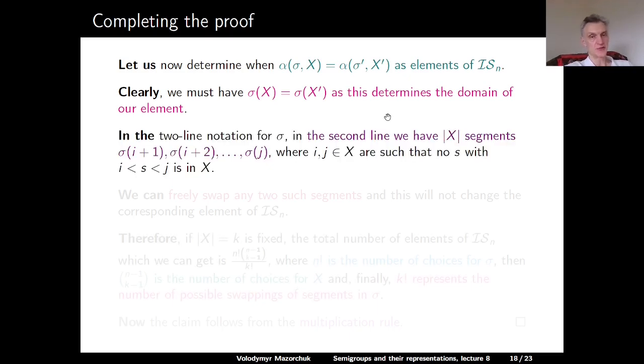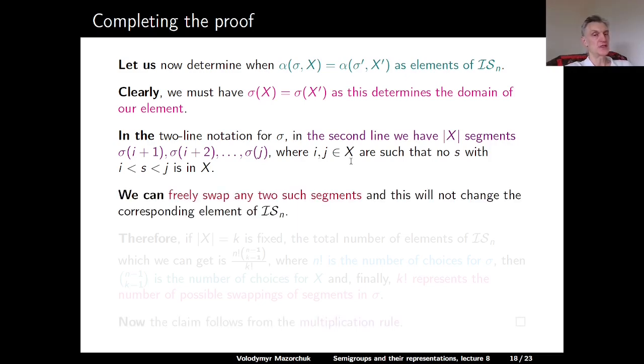In the two-line notation for sigma, in the second line we have the cardinality of x segments of the form sigma of i plus 1, sigma of i plus 2, and so on, sigma of j, where i and j are two elements in x, such that there are no elements between i and j in x. So we can freely swap any two such segments, and this will not change the corresponding element of ISN.